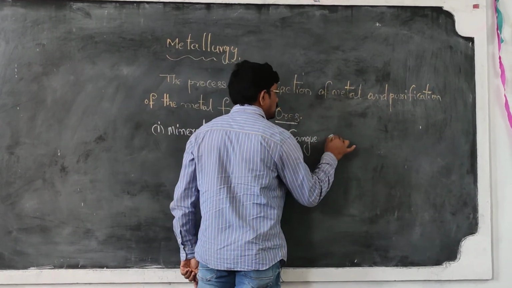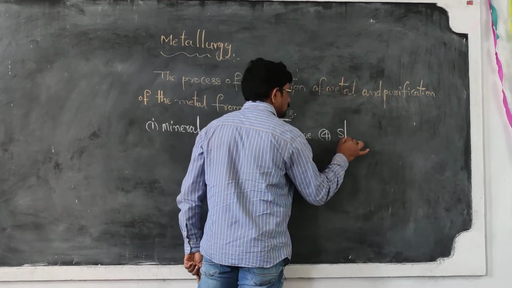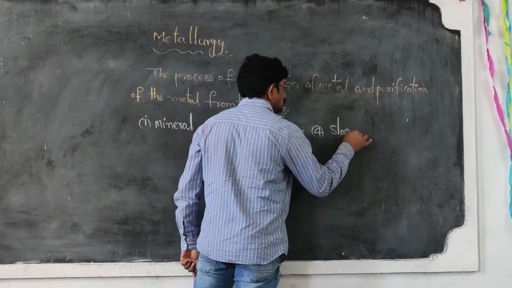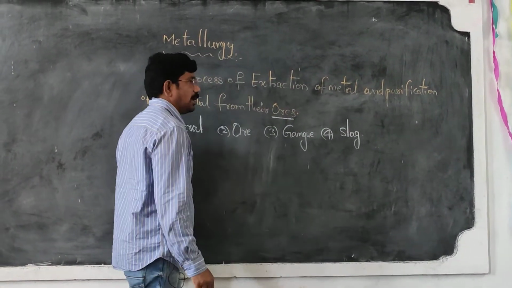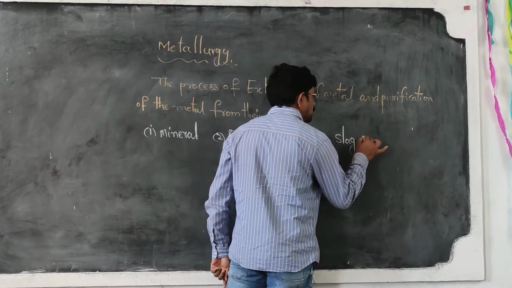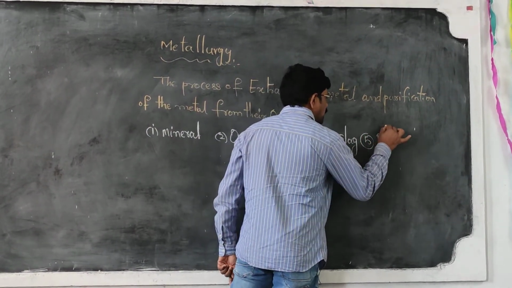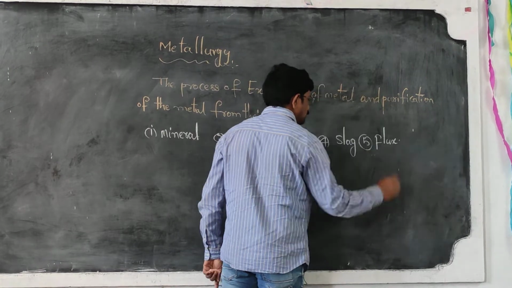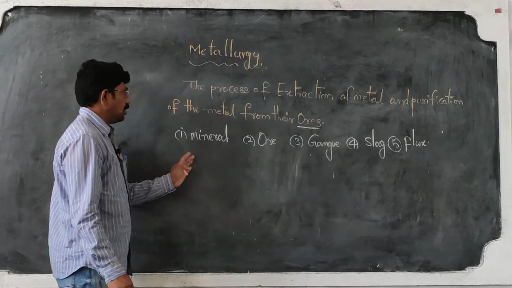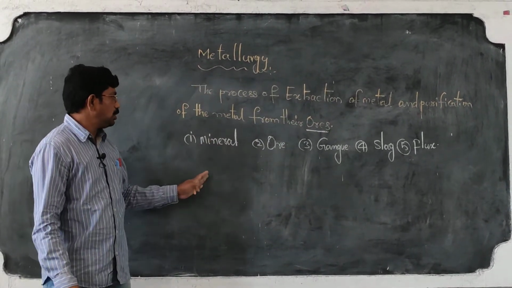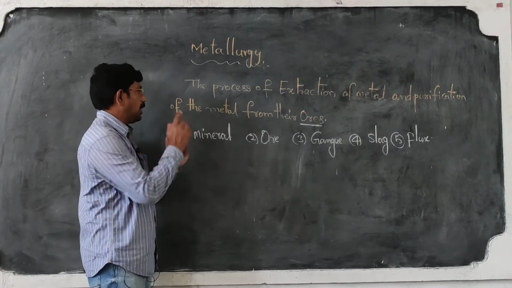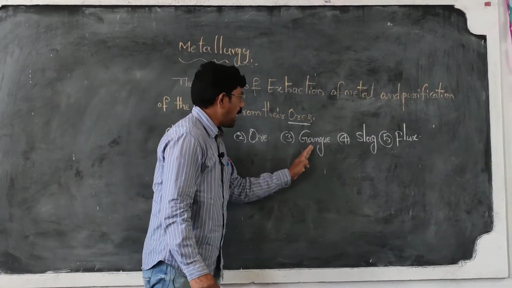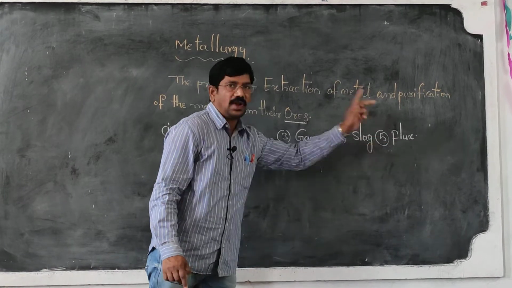The fourth one is slag. The fifth one is flux. Throughout the chapter you will hear the terms mineral, ore, gangue, slag and flux.